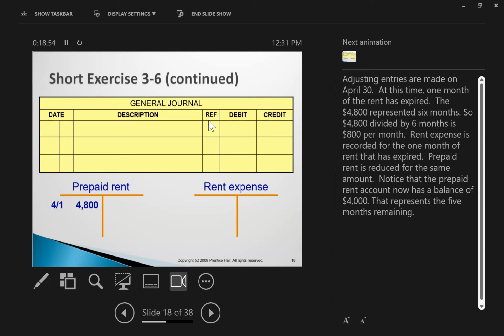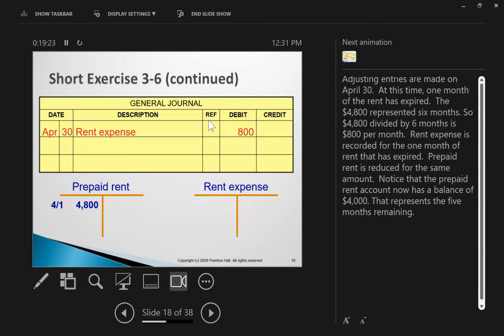So I'm going to take $4,800, divide it by the 6 months, and my rent is $800 a month. So now I'm going to record that $800 as an expense because that's the part that I used that month. Remember, when I add to the expenses, it's a debit. So there's my rent expense for $800.